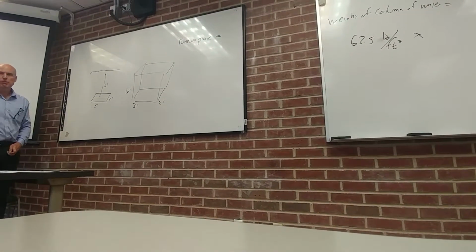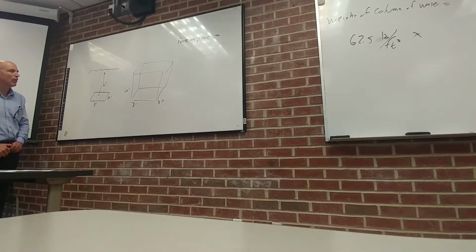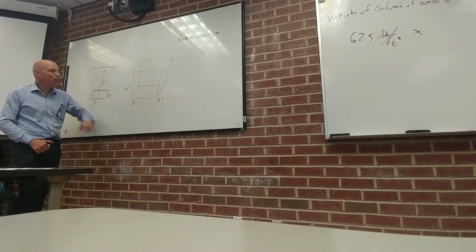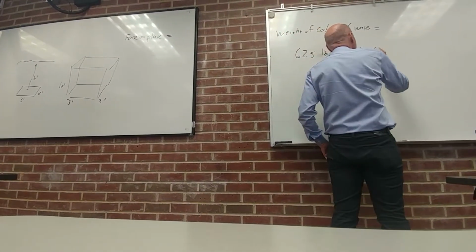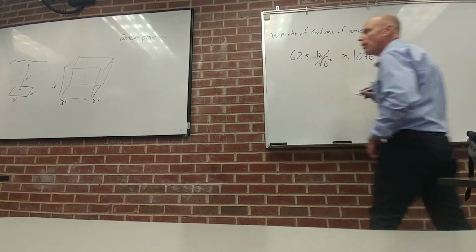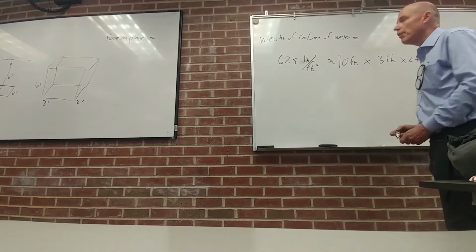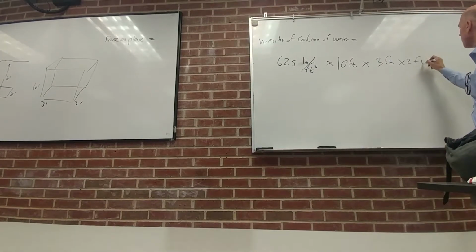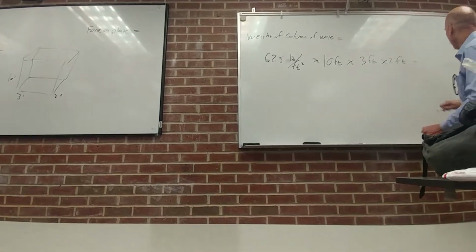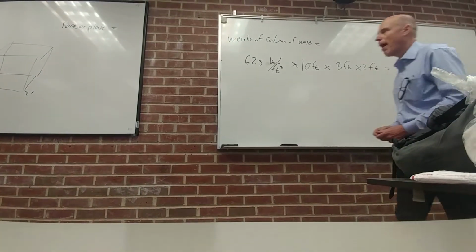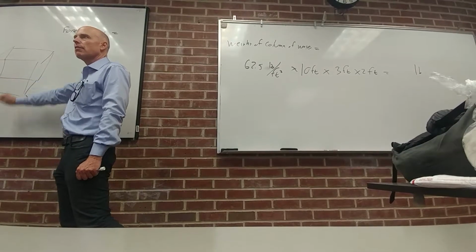So water, just a fact, has a weight of 62.5 pounds per cubic foot. And then, if I'm calculating the volume of this block, it's 10 feet by 3 feet by 2 feet. And whatever this number comes up to, the units are going to be pounds. It's going to be how many pounds of force is on this block.